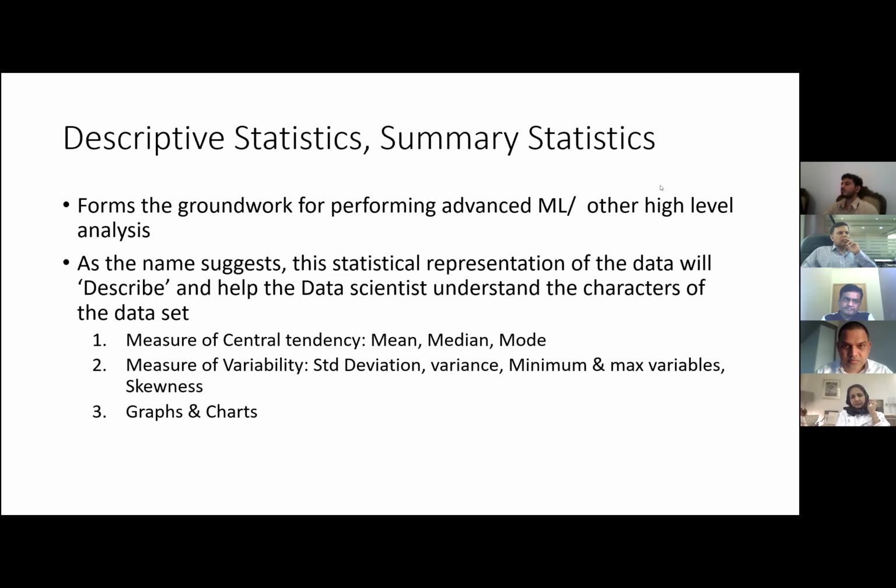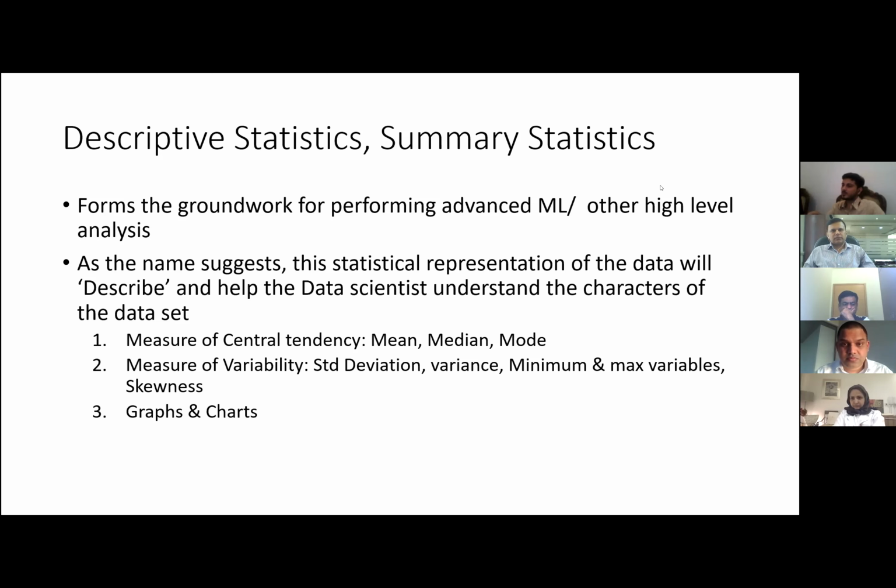We want to have a very high level knowledge about it, not in-depth knowledge, because that's what the machine learning will do. We just want to get to know the distribution of the data, and what kind of data set we are dealing with. So this section, the descriptive statistics or summary statistics, deals with this question.